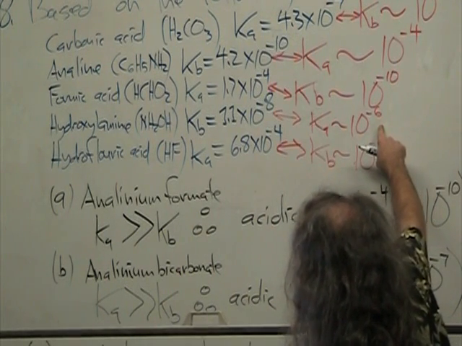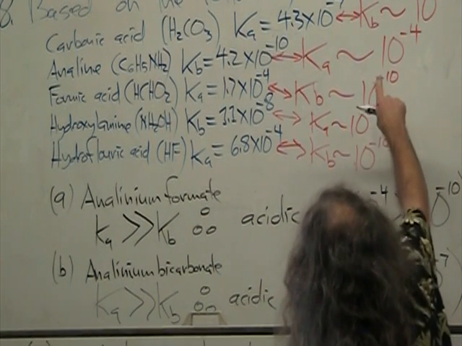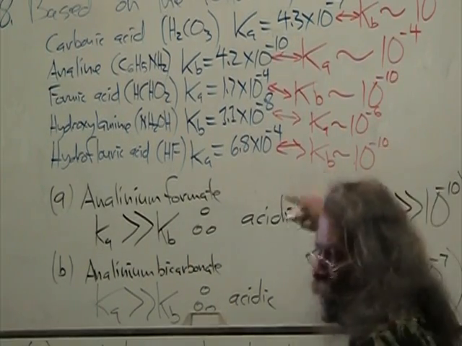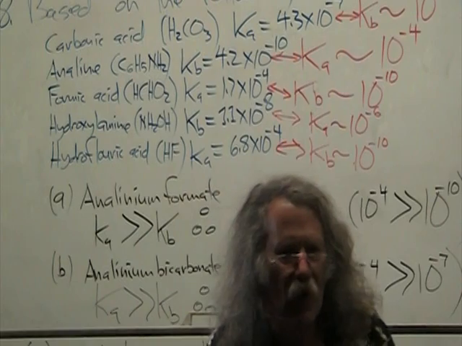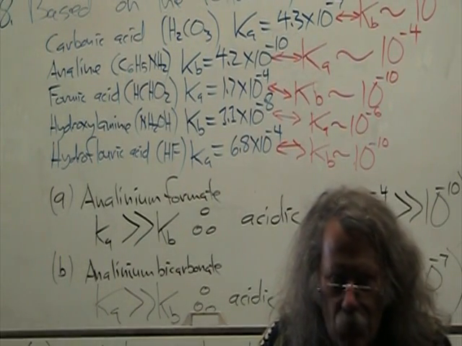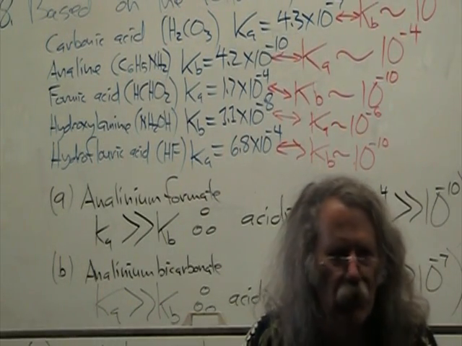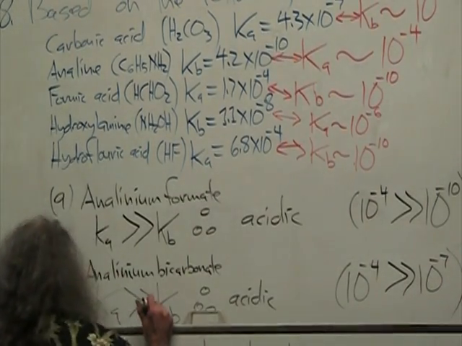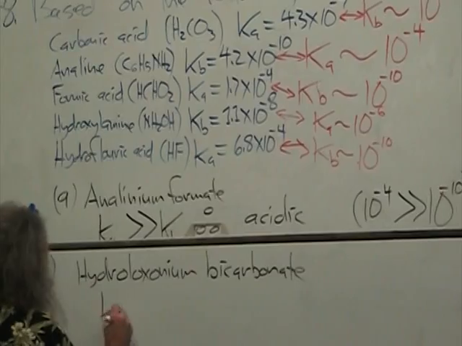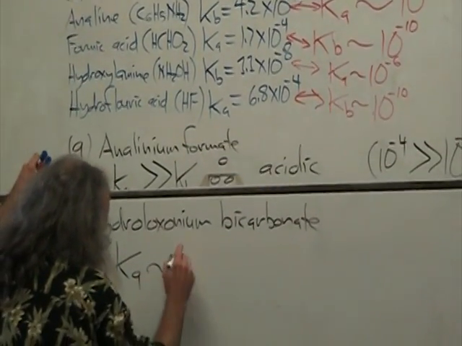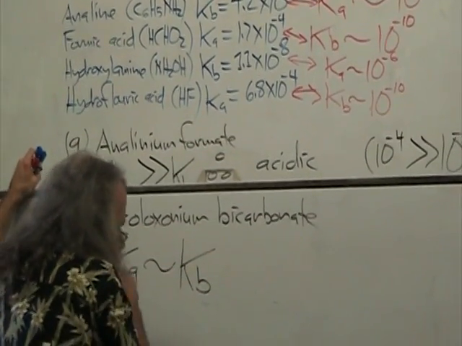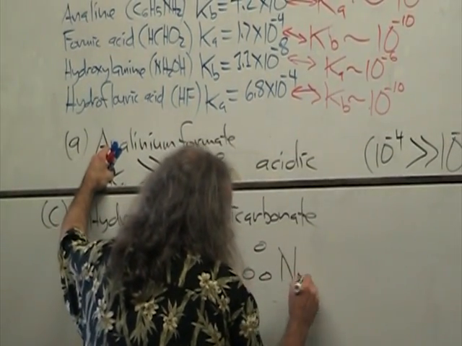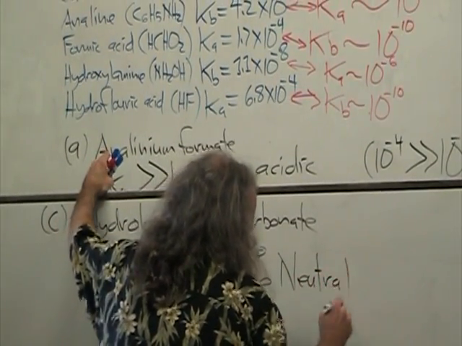And bicarbonate, the base, is 10 to the minus 7. 10 to the minus 6 and 10 to the minus 7, that's a factor of 10. That's too close to call. So there, Ka is around equal to Kb, and therefore neutral.